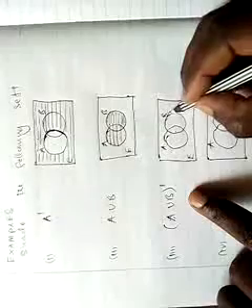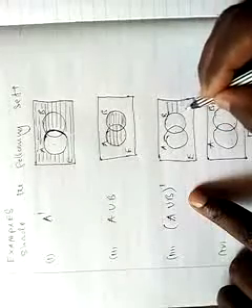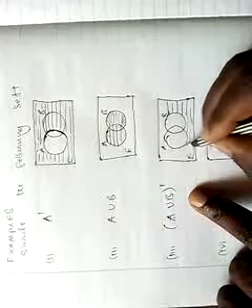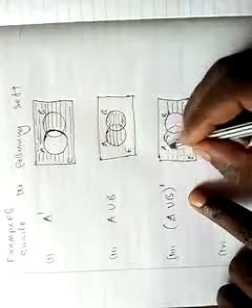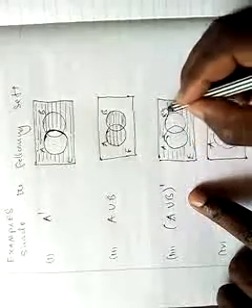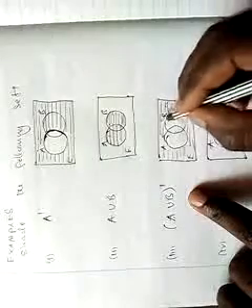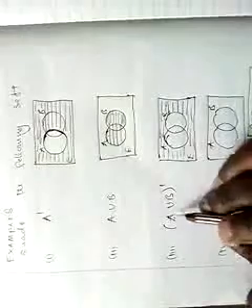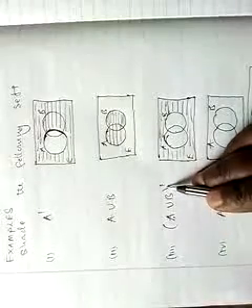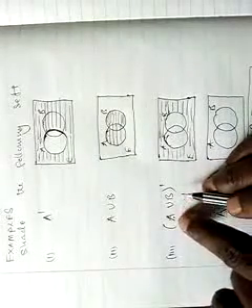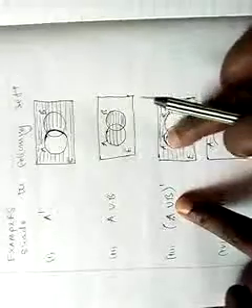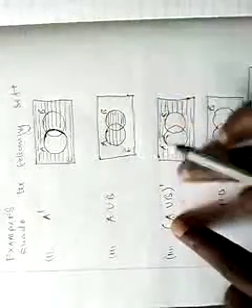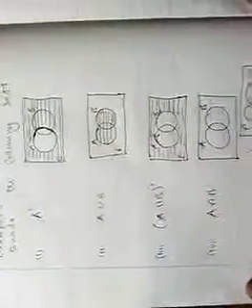What we are going to do is shade the outside region. This is the A union B complement, meaning A union B is not part of the required region. So this is the answer.